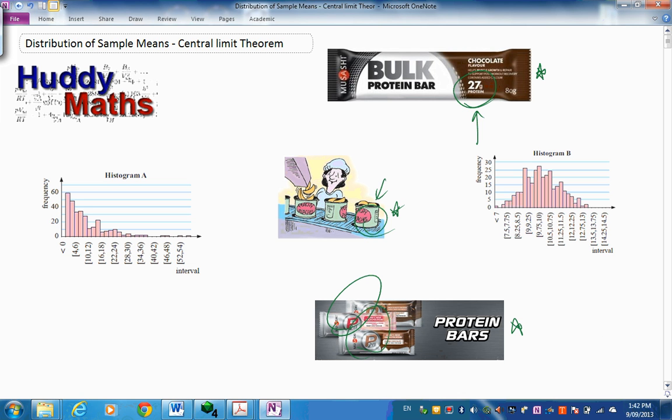Because you know that the weights are likely to be randomly distributed due to errors in filling and so on. In fact, something like a smooth curve, if we represented the whole population, not just a histogram. The many, many thousands of cans or bars that we make are going to produce a smooth curve there.